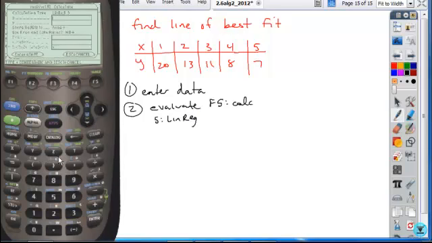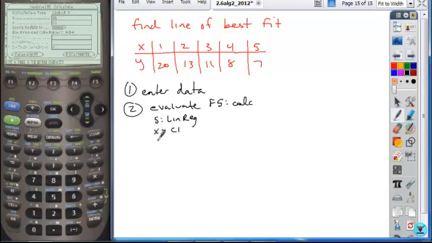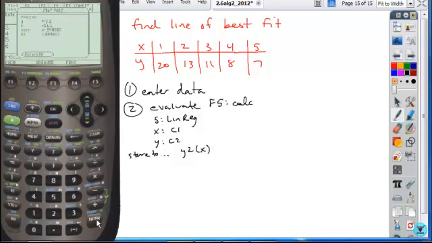Choose C1 and C2 as our columns for X and for Y. Now, I'm going to put this in the Y2 form of my Y editor. So when I write store to, I'm going to put it in the Y2 of X form. That way I can still keep my original equation in case I need to use it for something or refer back to it. When I hit enter, I get my answer.